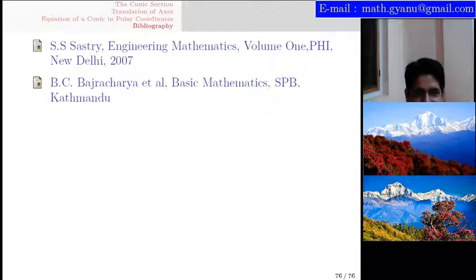The books written by Yasashri are wonderful for engineering students or IT students. So I suggest you to buy this book, or you may take this book from the library of your college and practice from this book. And as per the syllabus, this is the recommended textbook at our university.